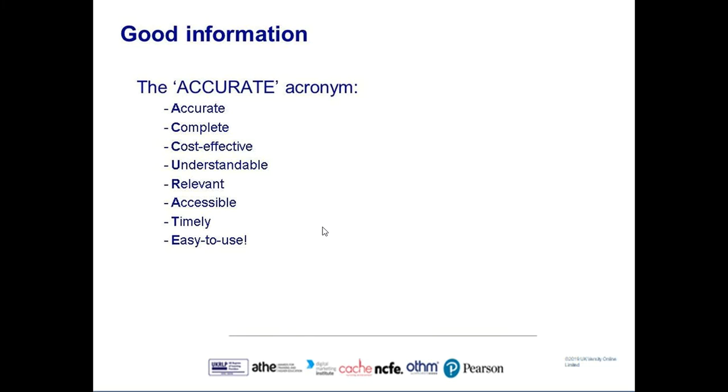So, cost effective. Is the information understandable, can people understand it, is it not in a language we can't understand? Is the information relevant to my decision making or not? Accessible: is the information we have accessible, or are we providing it to people? Timely: we provide the information to people in a timely way, so they can make the right decision at the right time in the right place.